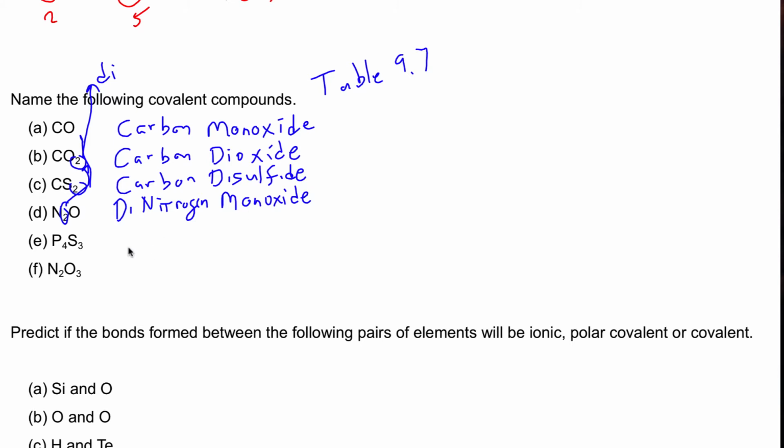Now our next example involves P4S3. So this is phosphorus, but it's 4 phosphorus, and 4 means tetra. 4 is represented by tetra. So this is going to be tetraphosphorus.